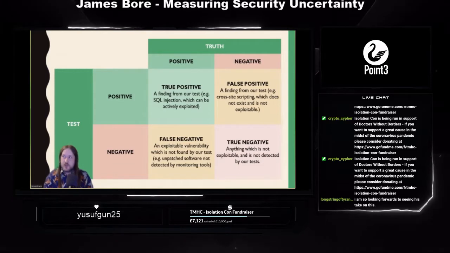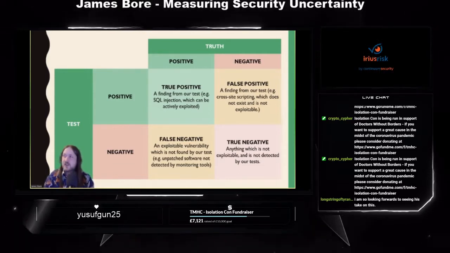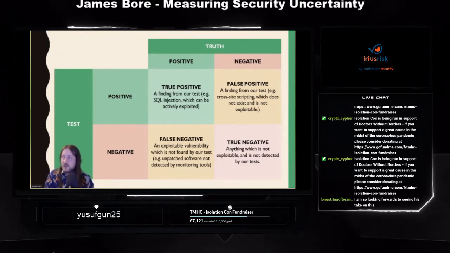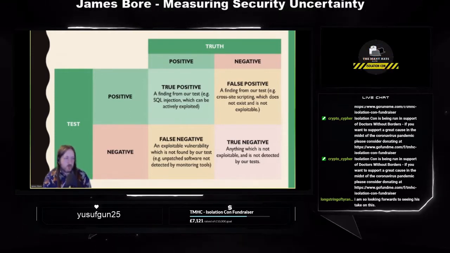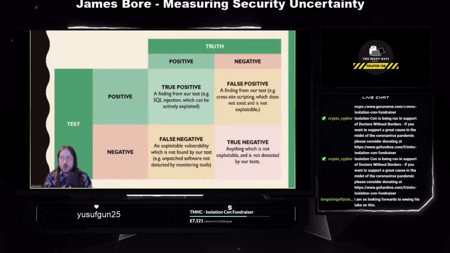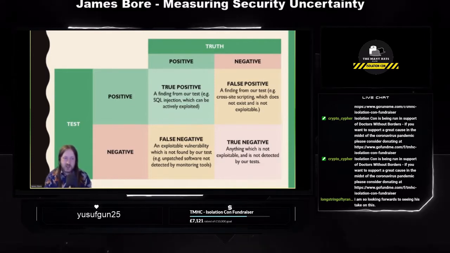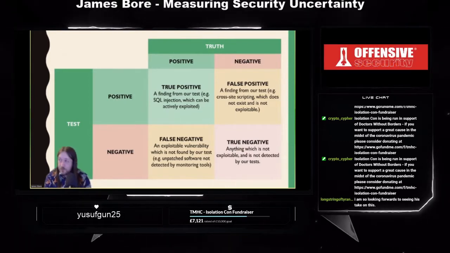So lovely, we've got a true positive. Let's go for a pen test again. And this time the pen testers are telling us that there's potential cross-site scripting. Well, because of the way that it's built, we know that this is not actually an exploitable finding on this particular environment. So that would be a false positive.